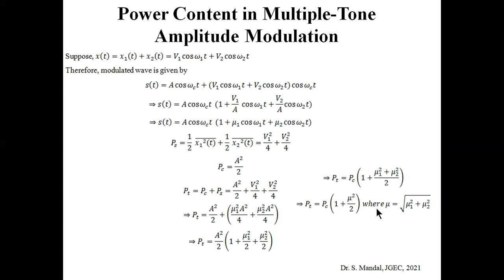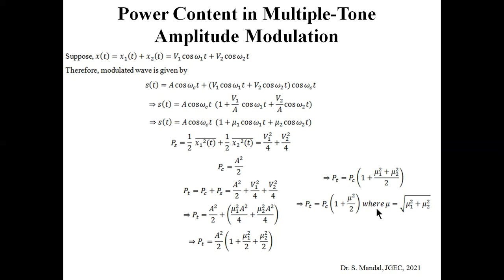As you already know, a real life signal consists of many frequencies, but here we consider only multiple tones, specifically two frequencies. Let us consider that two frequencies are present in the corresponding x(t). So x(t) is x1(t) plus x2(t), where this is V1 cos omega 1t plus V2 cos omega 2t.